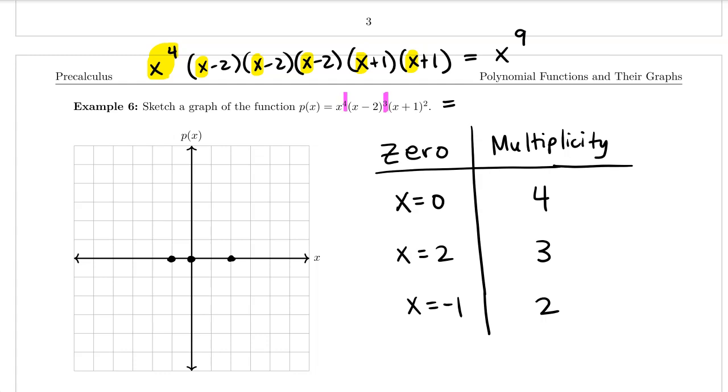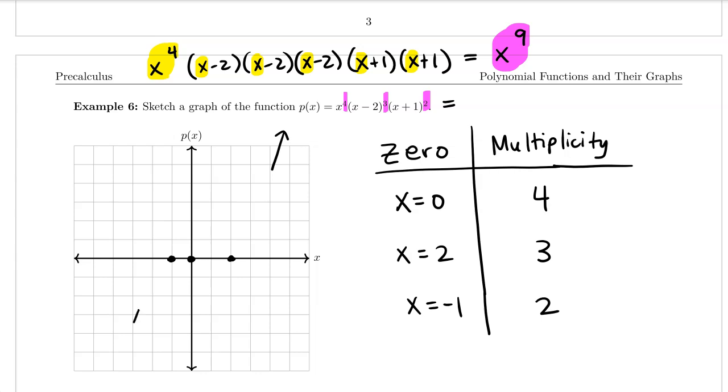So I can add up 4, 3, and 2, and if I add those up, I get 9. So we have x to the 9th power as our leading term. So our degree is odd, and our leading coefficient is positive. So that tells me that my end behavior is going to be down and then up. So it's going to look something like that.